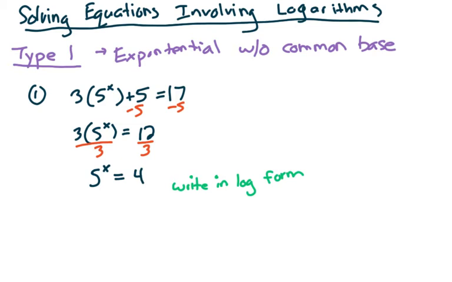So here, when I do this, it would be log. 5 is the base of our exponent, so it's the base of our log. So log base 5. And then we switch the next 2. So this would be log base 5 of 4 equals x.